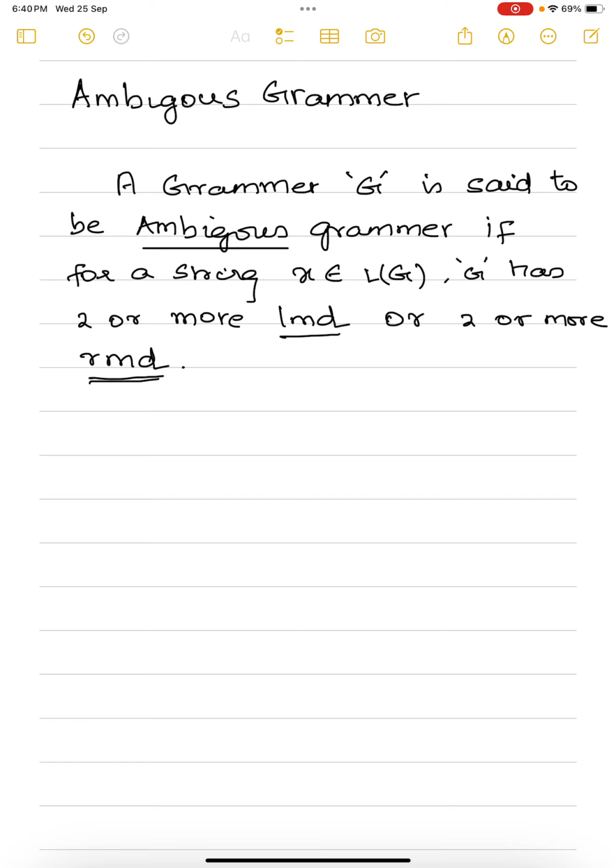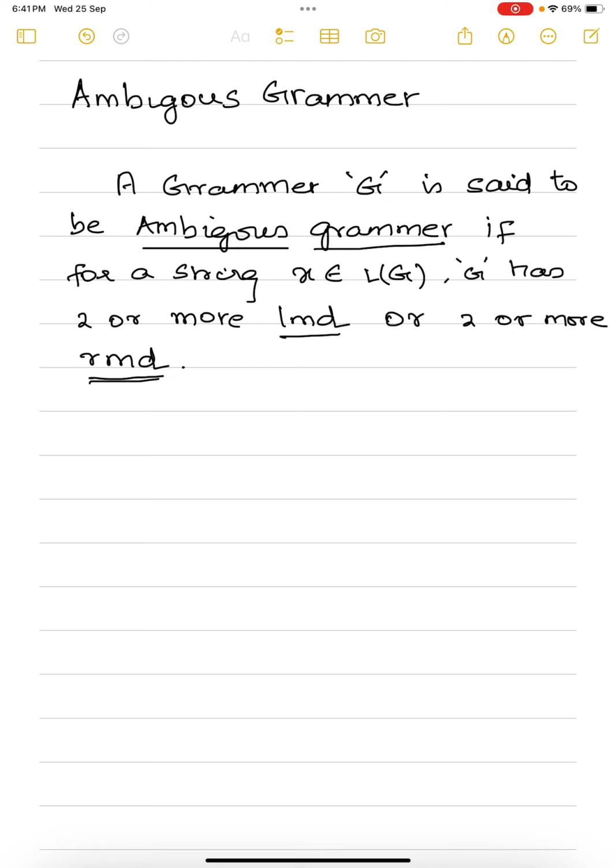If you have a grammar G, and for any string belonging to the language generated by the grammar we can derive this X using G with two or more leftmost derivations or two or more rightmost derivations, then we call that grammar ambiguous grammar.